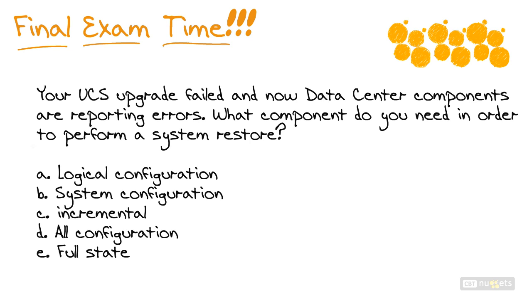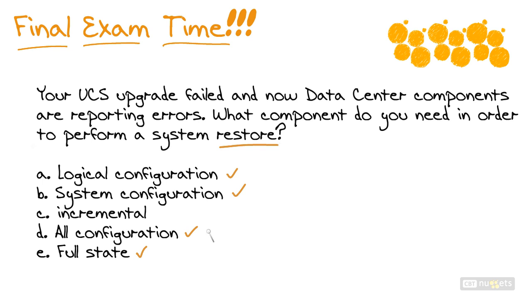Our exam strategy here is straightforward. First, we find the 4 backup options we talked about that actually exist. They would be logical configuration, system configuration, all configuration, and full state. Now, what would we do to perform a restore?